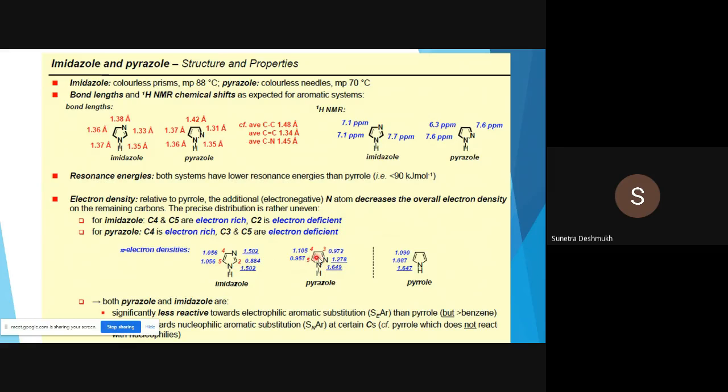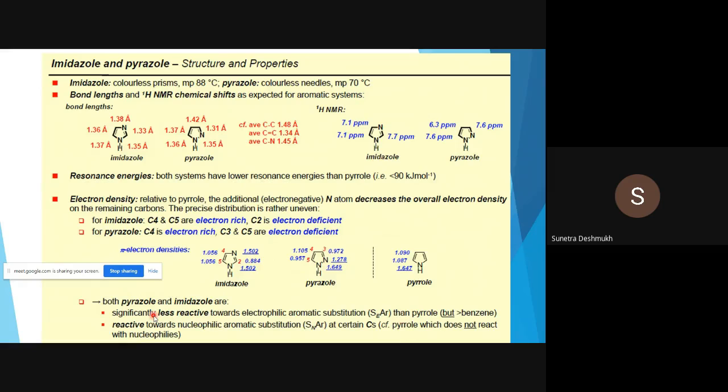It's really important even for your electrophilic substitution reactions. For electrophilic as well as nucleophilic substitution reactions, all this electron density data is very important in the case of imidazole and pyrazole. So pi electron density, please pay attention to that. Both pyrazole and imidazole are significantly less reactive towards electrophilic aromatic substitution than pyrrole.